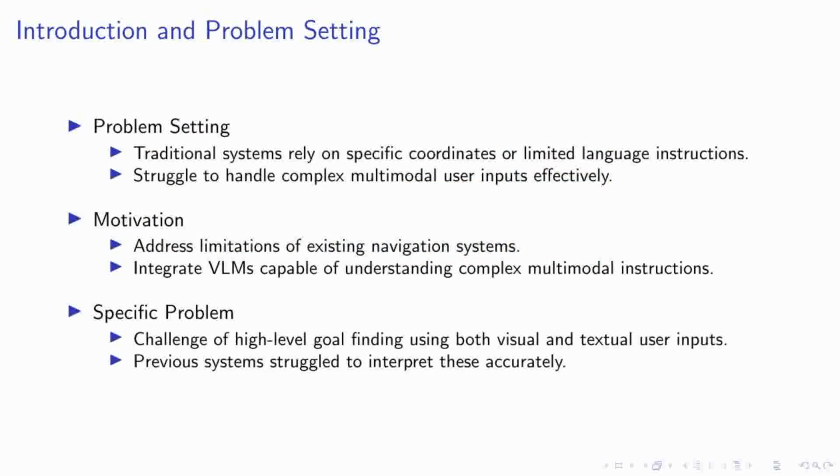In addressing the limitations of traditional navigation systems, we recognize their reliance on specific coordinates or limited language instructions, which often fall short when faced with complex multimodal user inputs. This brings us to the motivation behind our research: to overcome these constraints by integrating vision language models, or VLMs, that are adept at understanding intricate multimodal instructions.